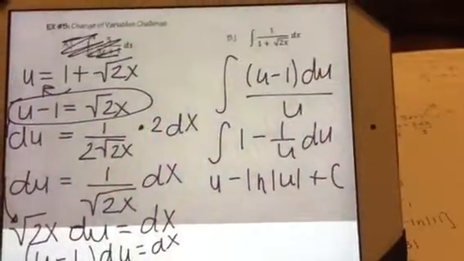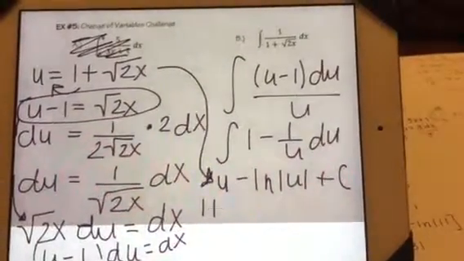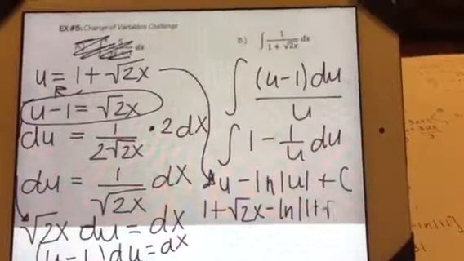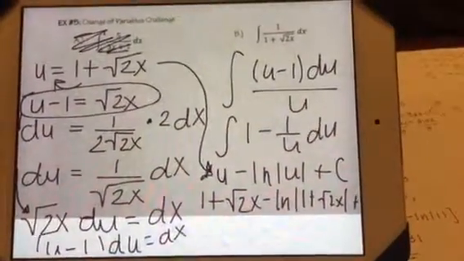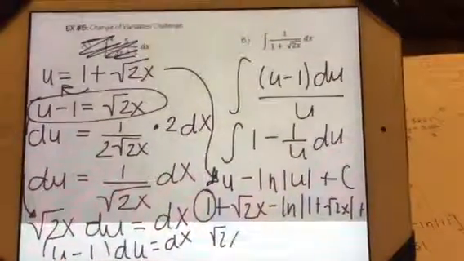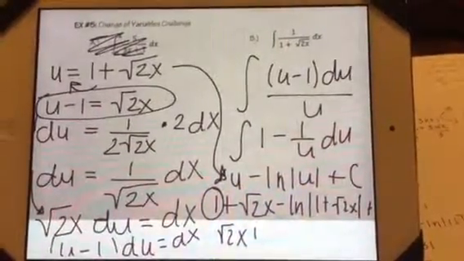Now we replace u with what we originally had, so that's 1 plus square root of 2x minus ln of 1 plus square root of 2x plus c, and we can combine our like terms, being our constants, so we'll end up with square root of 2x minus ln of 1 plus square root of 2x plus c.